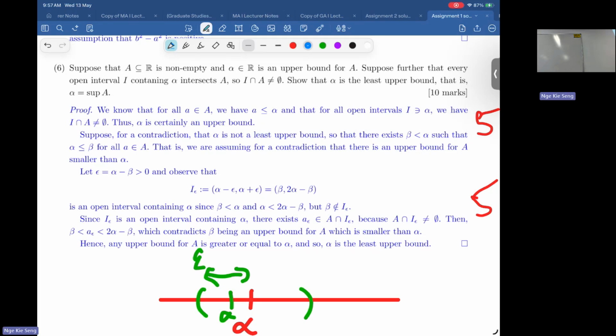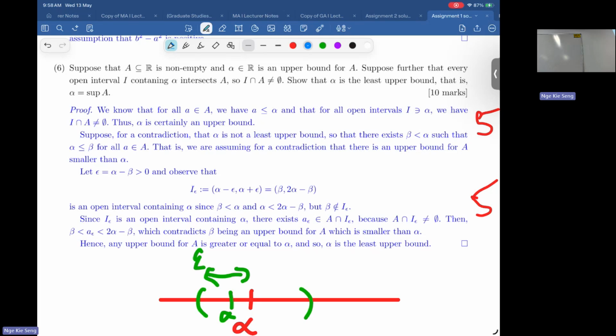In particular, you'll be interested in elements that are less than alpha, right? Show that they are not upper bounds, so that alpha is the least upper bound. So this is the content of this question.